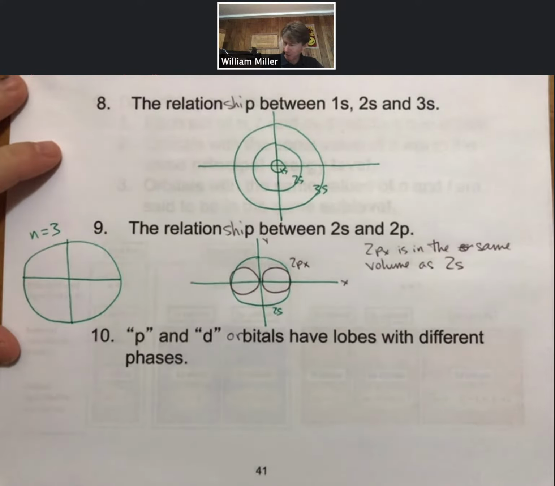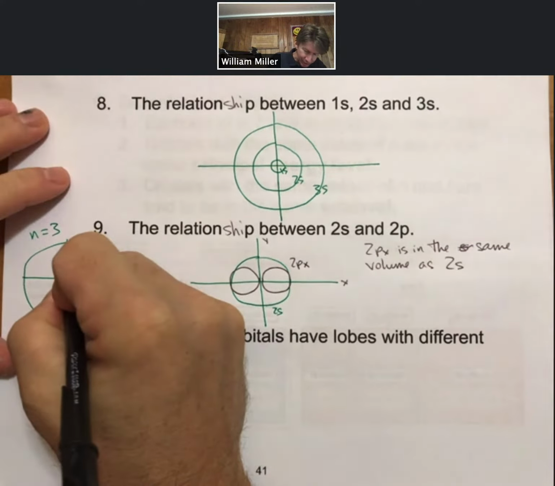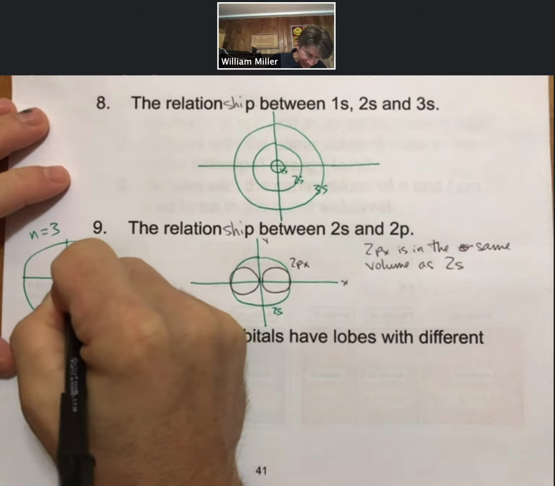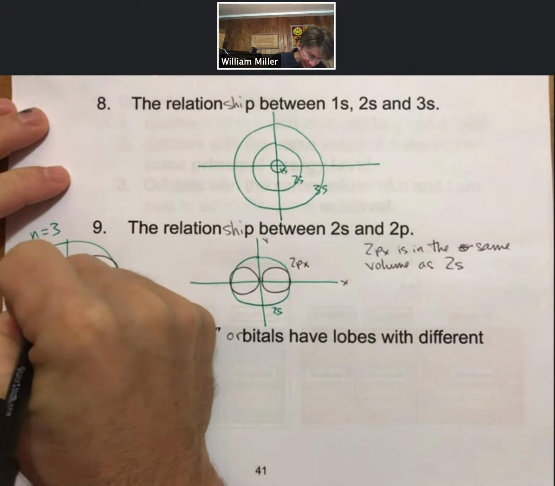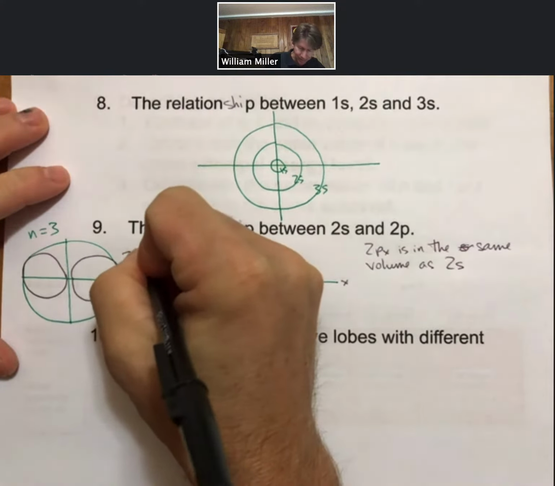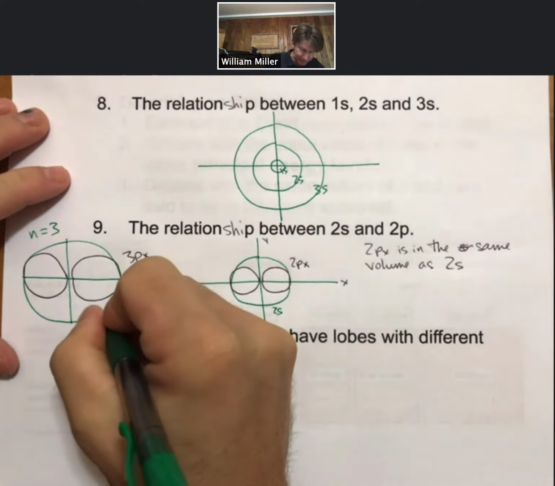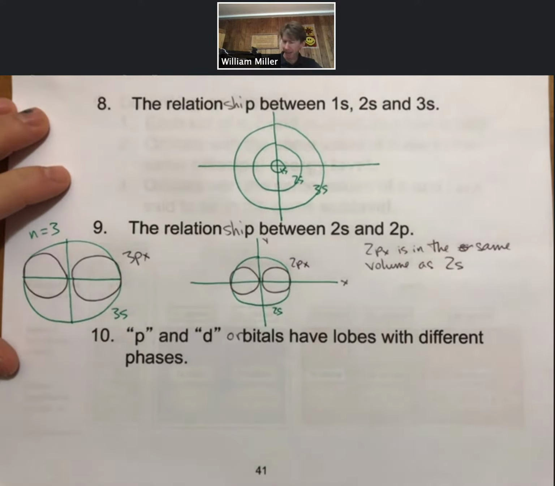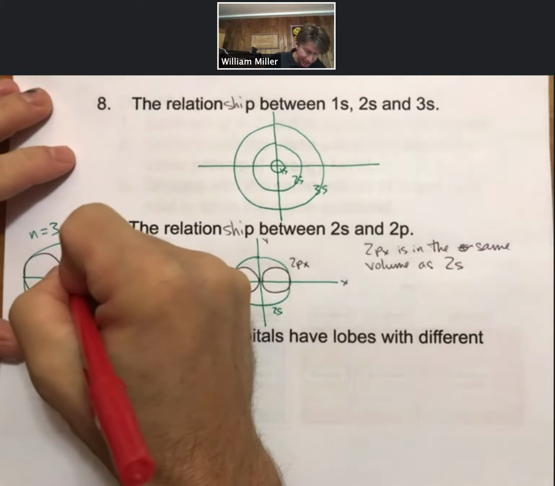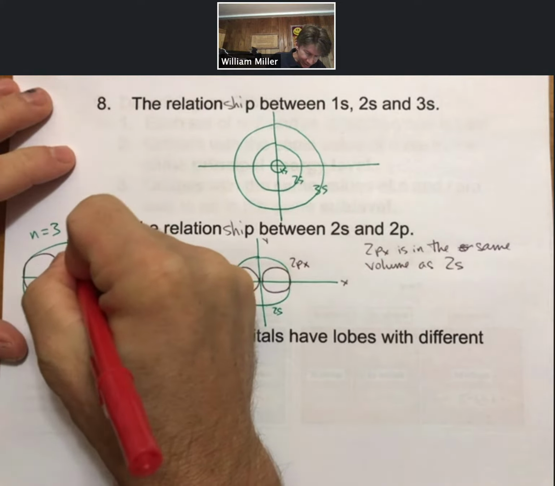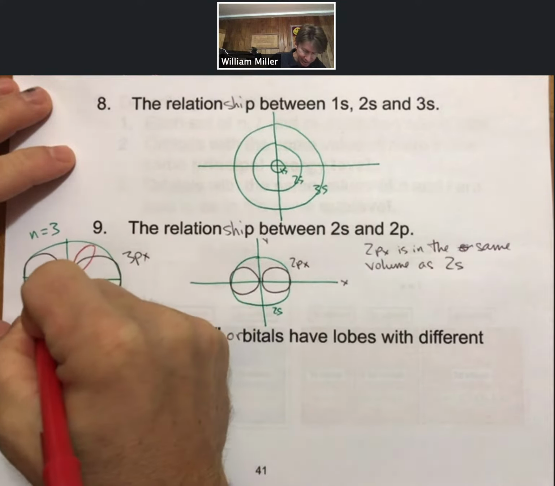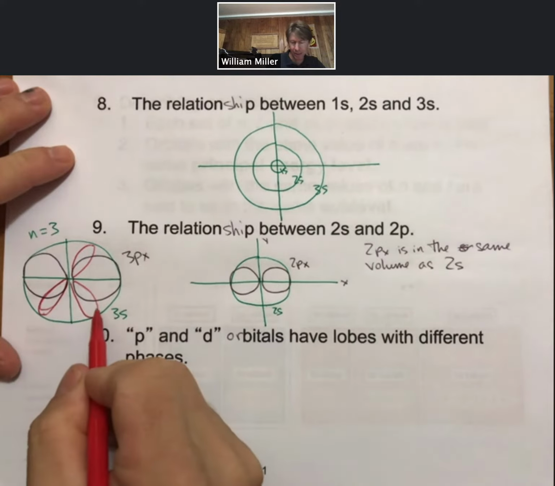Then we might draw 3px, and we have 3s. And then, at least drawing one of the 3Ds, one of them comes in and has 4 parts. Again, it should end at the same place as the 3s.